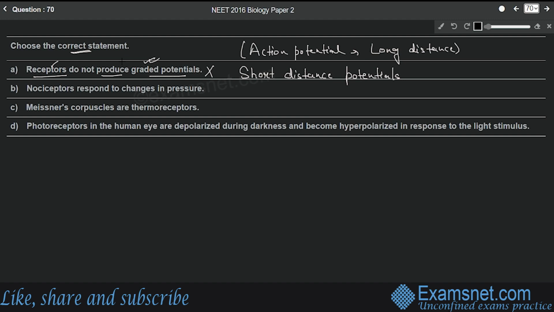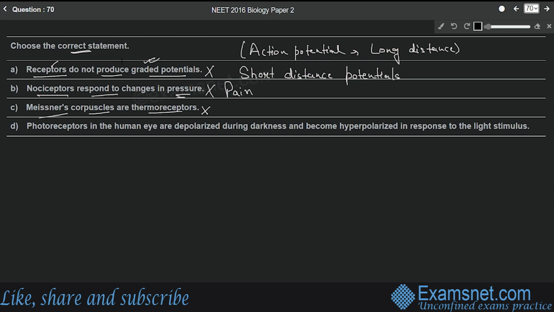Now the second statement says nociceptors respond to changes in pressure. This is also an incorrect statement because nociceptors respond to changes in pain. These are sensitive to pain, not pressure. Then the third statement says Meissner's corpuscles are thermoreceptors. This is also incorrect.